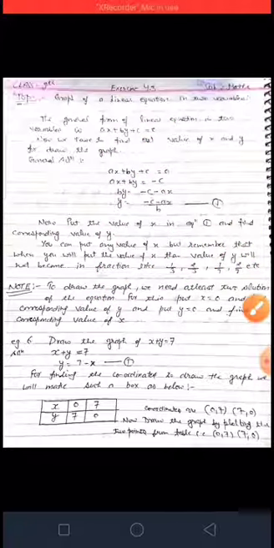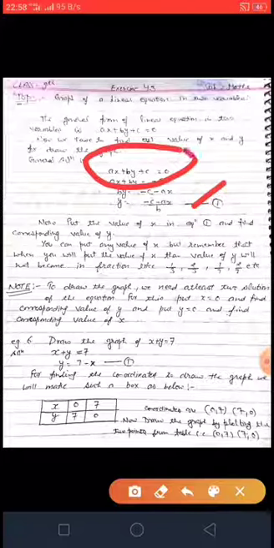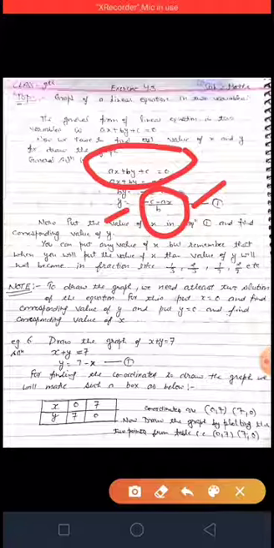For this, we have to put any value of x in this type of equation, or you can directly put it in your given equation. If you want, you can first find the value of y in the form of the variable x, otherwise you can directly put the value of x in the given equation.